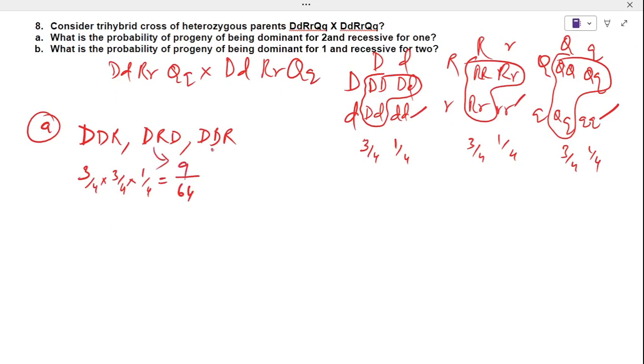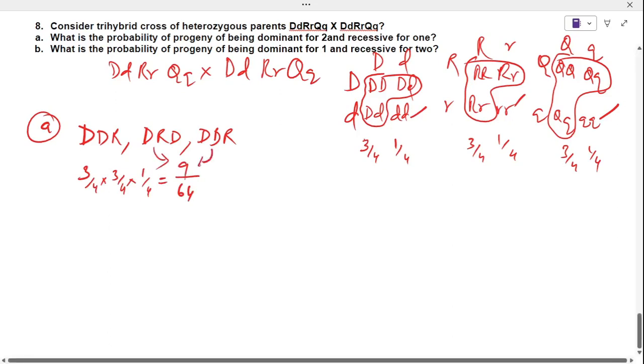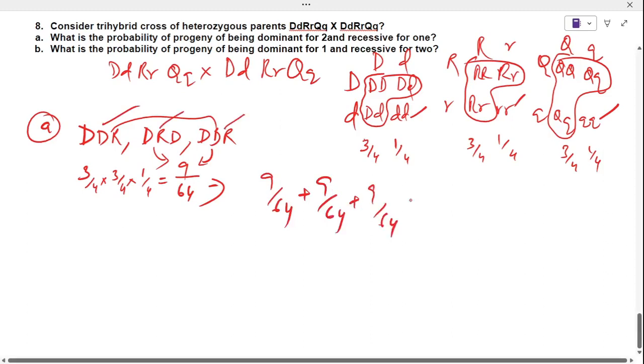Then the total answer for all these genotypes will be 9 by 64 for this one, plus 9 by 64 for this one, and 9 by 64 for this one. So 64 will be the denominator and the numerator will be 27. 27 by 64 is the answer for the first A question.